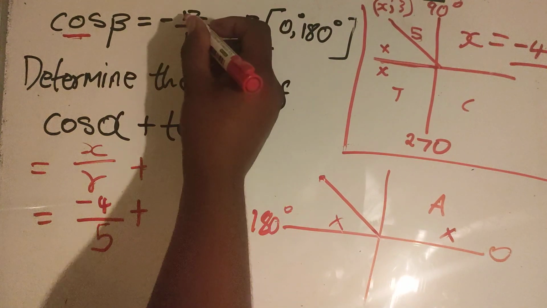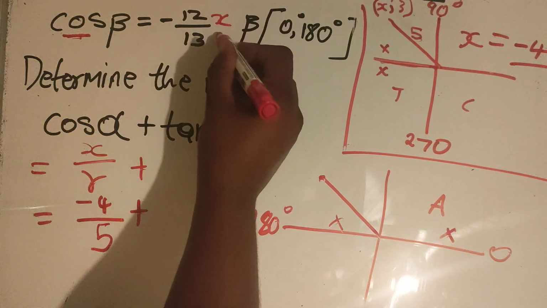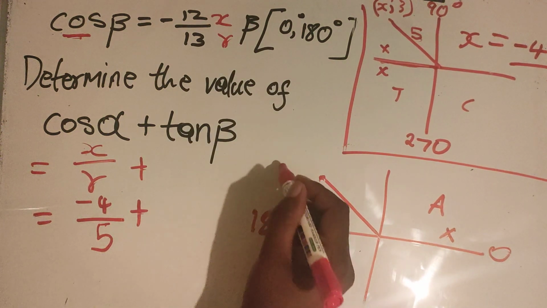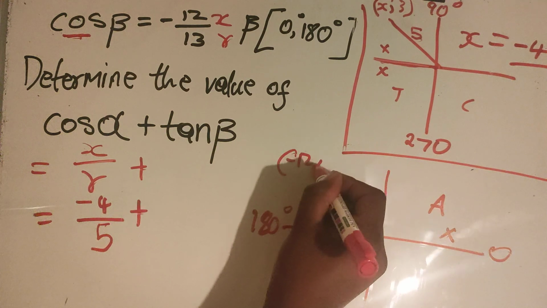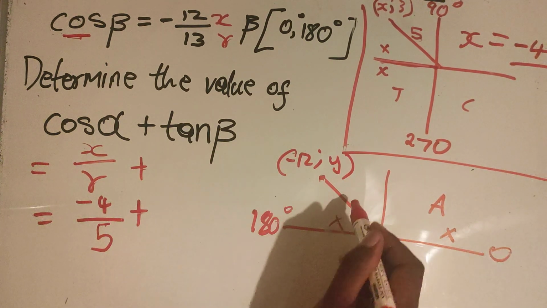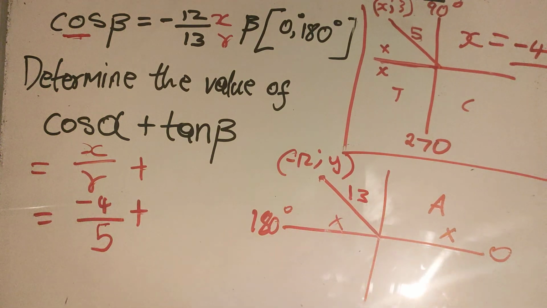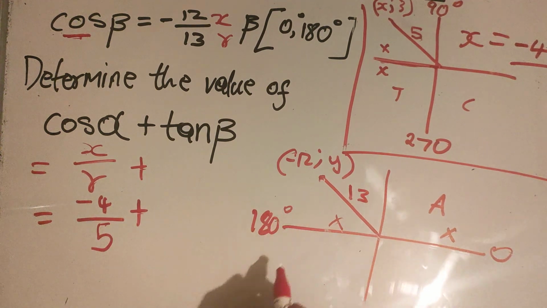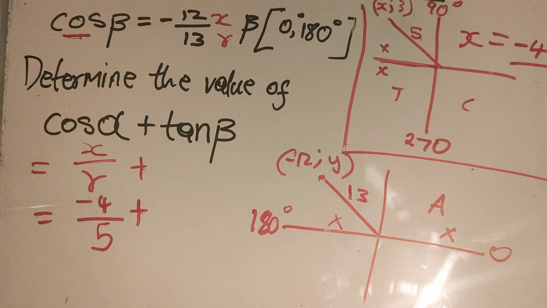What do we know? We know that this is x and this is r. So what is the value of x? It is -12. What is y? Unknown. What is the value of r, which is always positive? It's 13. So now we need to find the value of y. What do we use to find it?